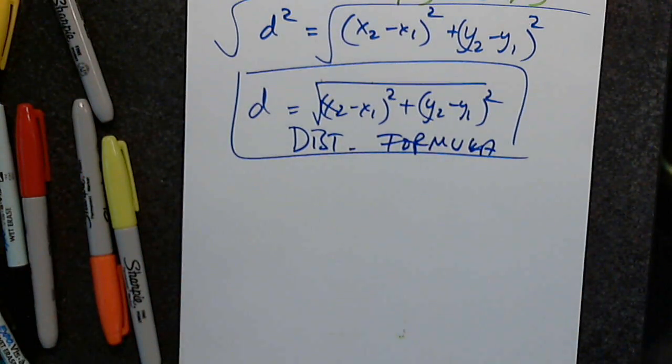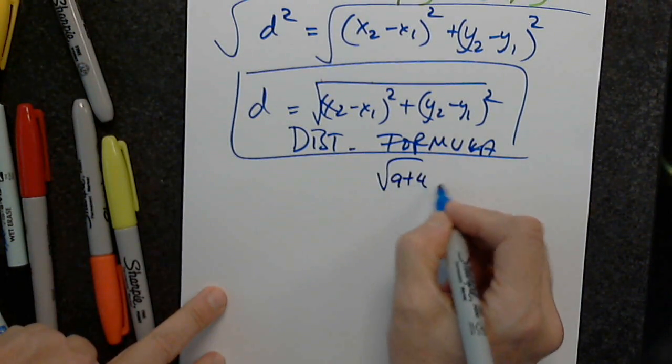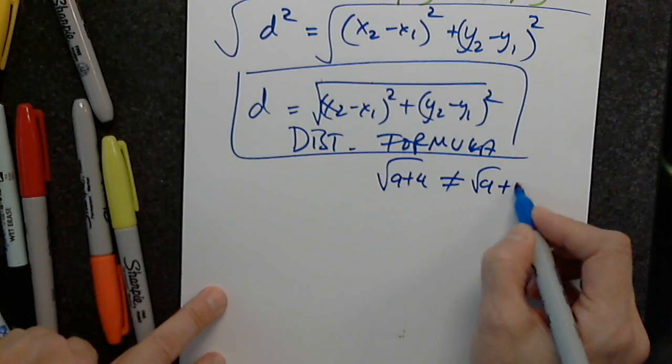Can I simplify it any further? Can I say the square root of this plus the square root of this? Good, I'm happy you didn't say anything, at least that. Absolutely not, because the square root of a sum cannot be simplified. So the square root of 9 plus 4 does not equal the square root of 9 plus the square root of 4.